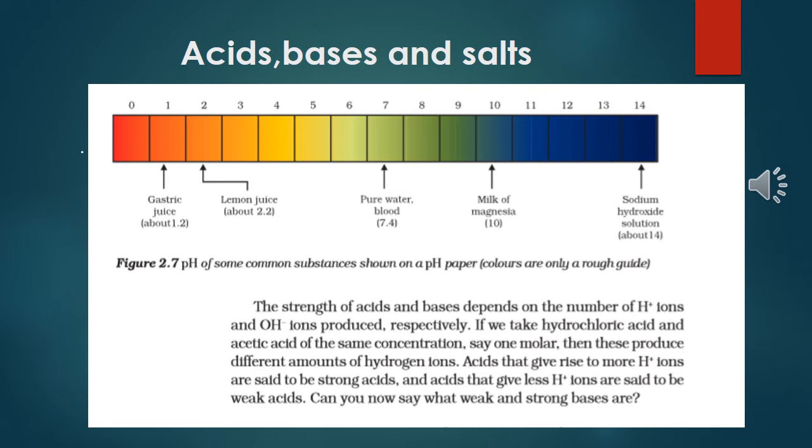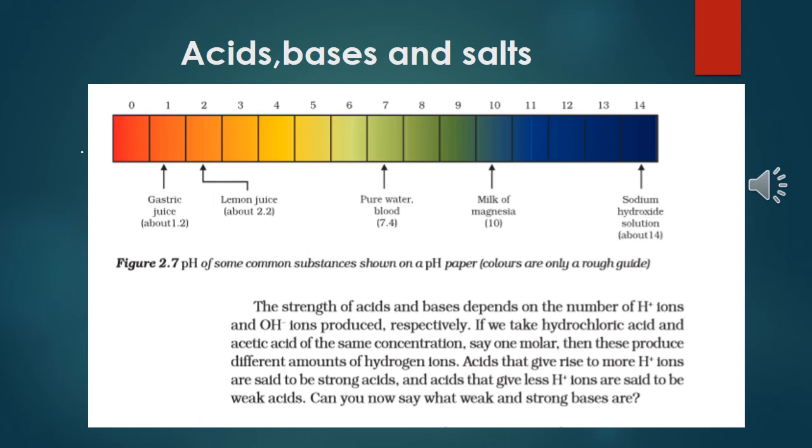Pure water is 7, blood is 7.4, approximately 7. Milk of magnesia is basic, so its pH is 10. And sodium hydroxide is a very strong base, so its pH is 14.